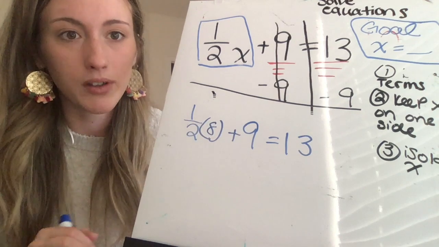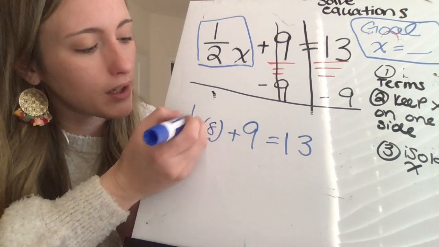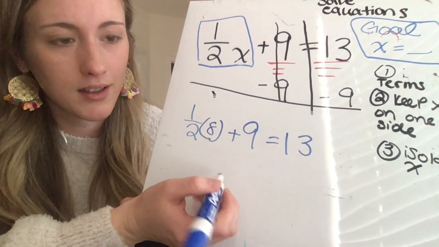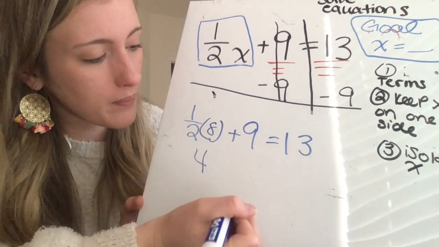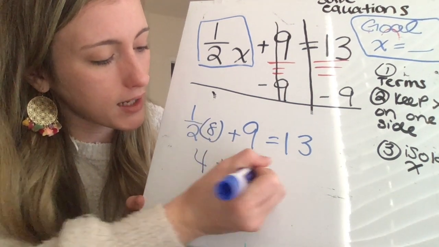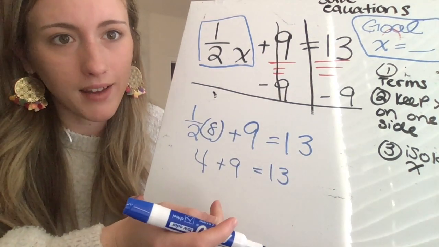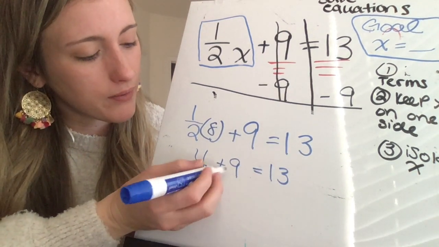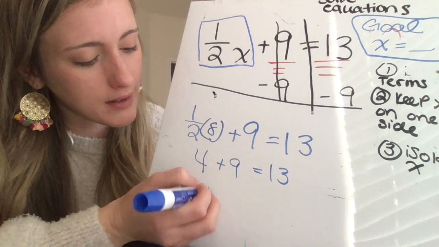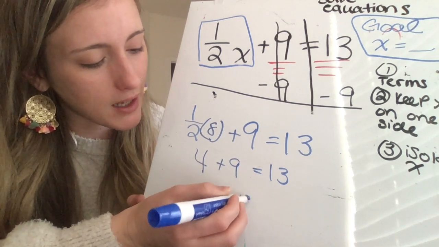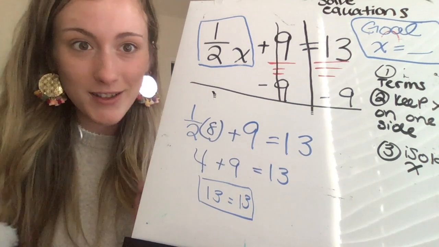If x equals 8, well, let's see if that's correct. What is 1/2 times 8? 4. 4 plus 9 equals 13. What are we gonna do? Combine like terms, right? So 4 plus 9, that's 13, equals 13. Is that true? Yes, so we got our answer right.